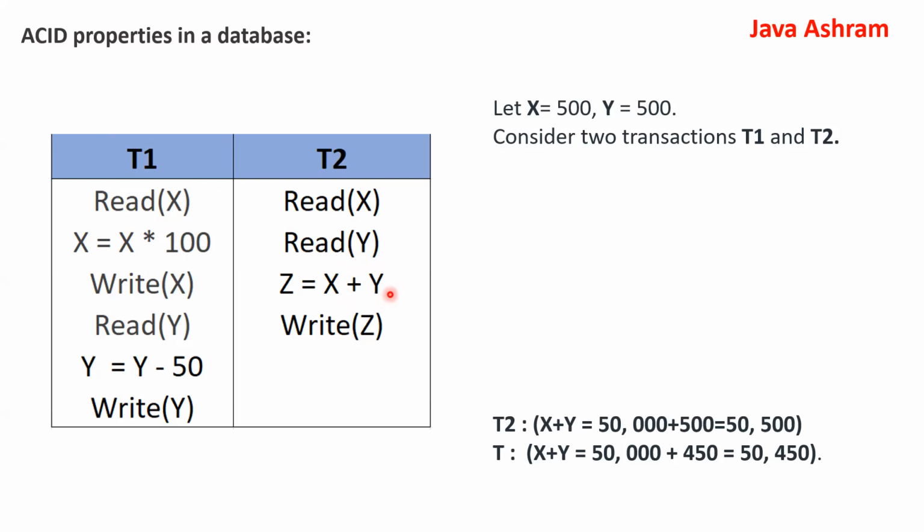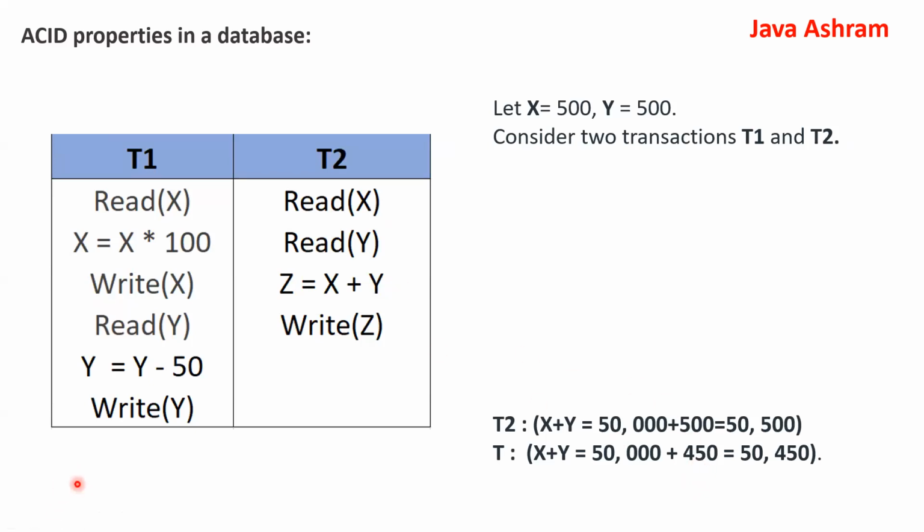But as of now, what is the value? It's 500 only. And writing to Z, what will be the total value? If you see here, 50,000 plus 500 becomes 50,500, right? But in the case of X plus Y, it would be 50,000 plus 450, right?